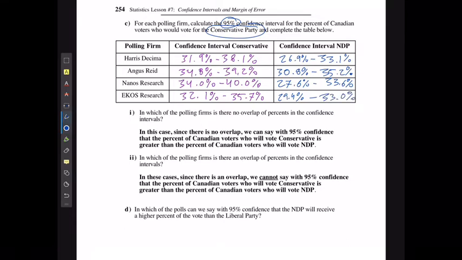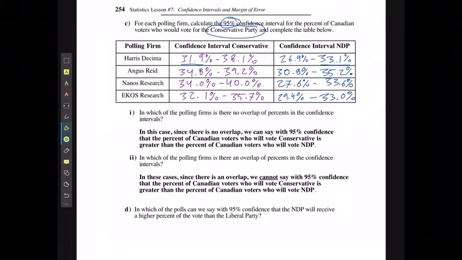In which of the polling firms is there no overlap of percents in the confidence interval? Well, I can see here that this goes all the way down to 31.9, this goes up to 33.1, so there definitely is overlap between the confidence intervals here. In the second one, this goes all the way down to 34.8, this goes up to 35.2, so there's overlap.